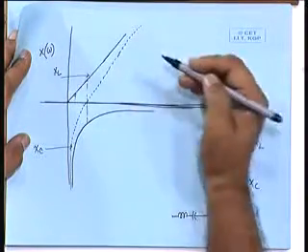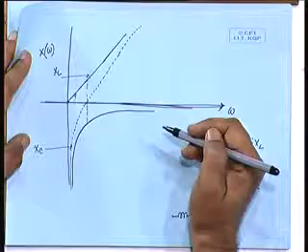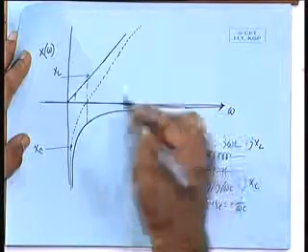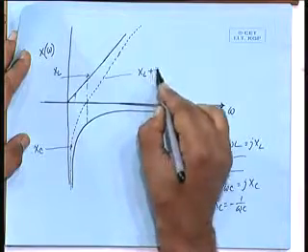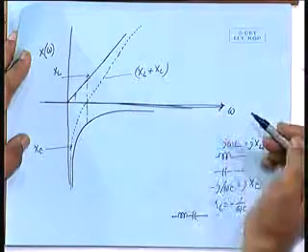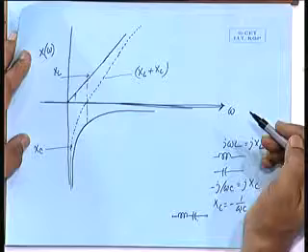So this will be XL plus XC characteristics, total X.